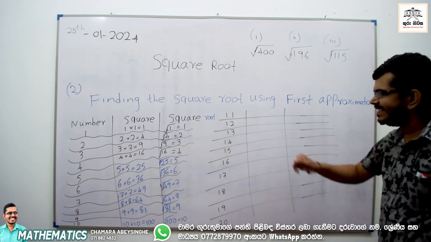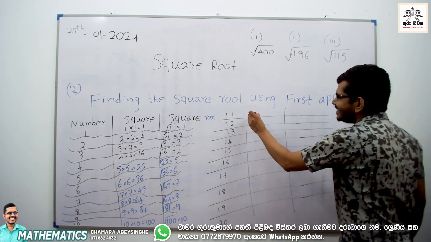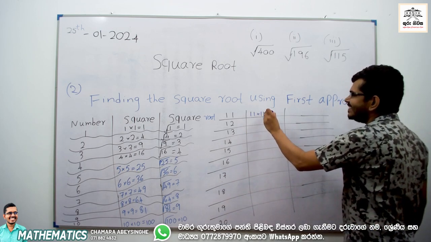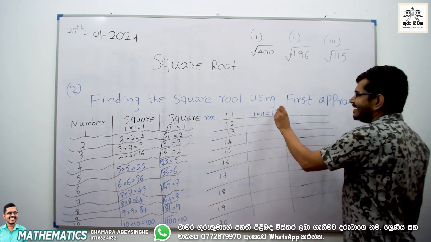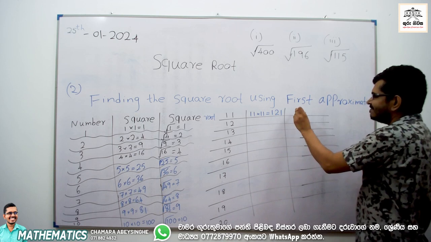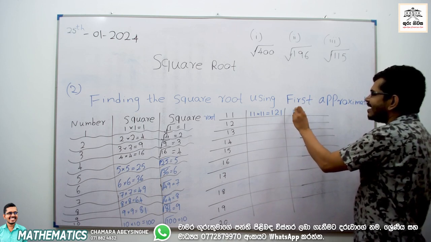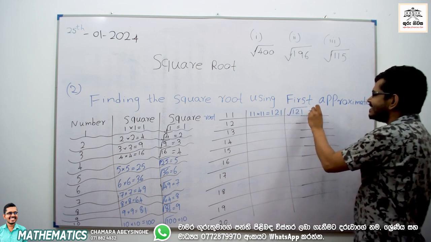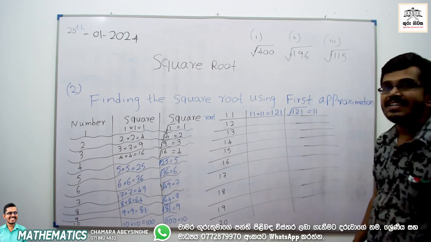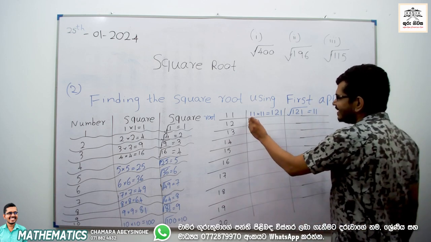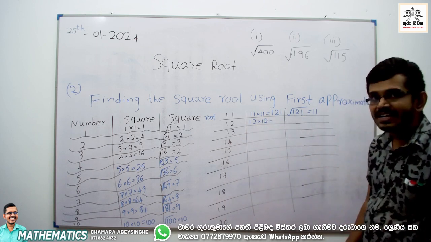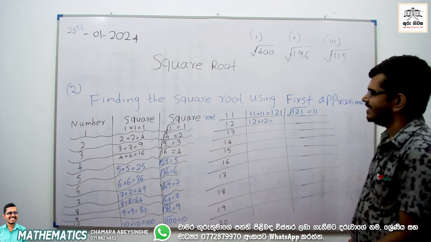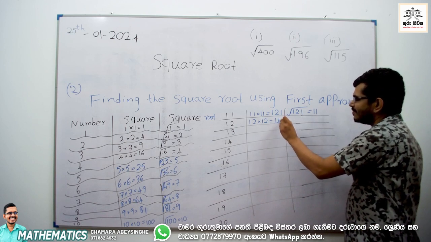11 times 11, what is the answer, student? 121. Square root 121 is 11. 12 times 12? 144.